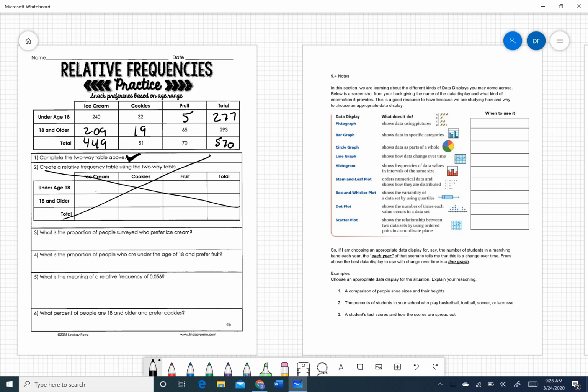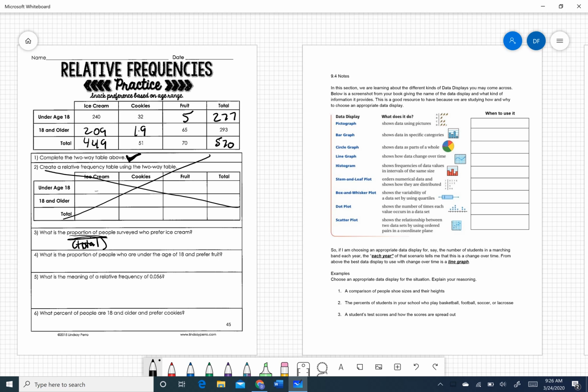Number three asks, what is the proportion of people who prefer ice cream? We're talking about the proportion of people, so this is just another way of asking for the total. We want to know the percent of people who prefer ice cream from the total.